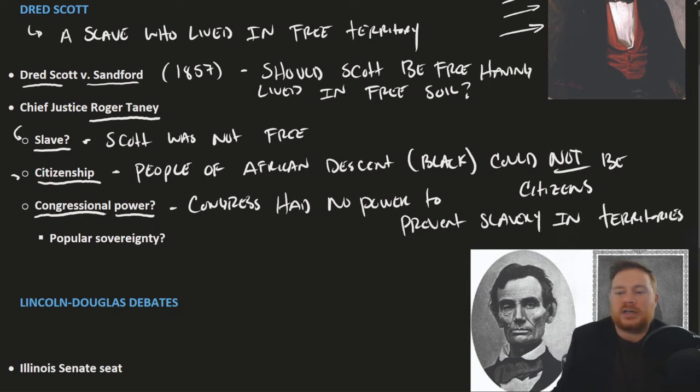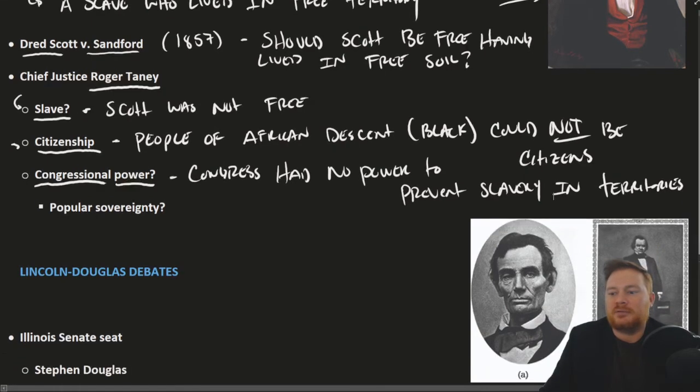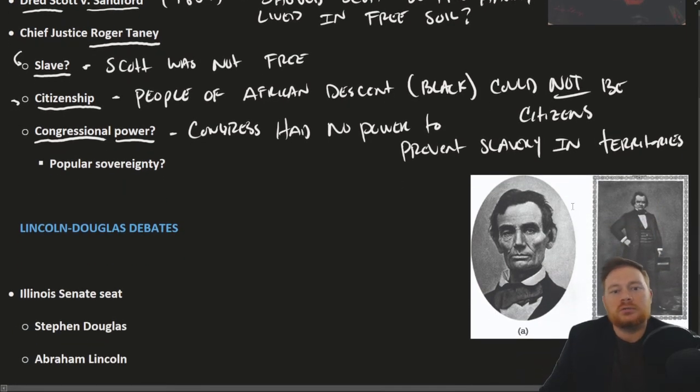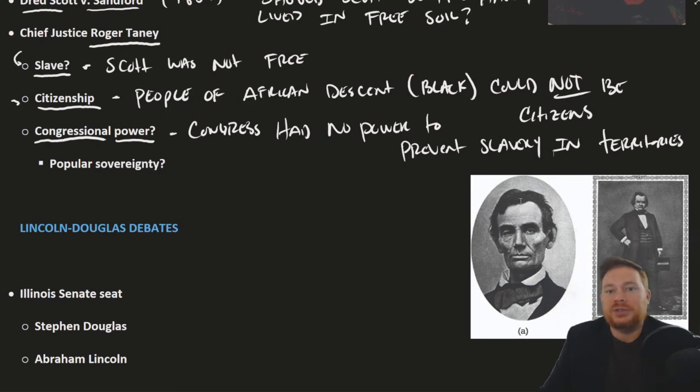Right? That Congress has no power to prevent slavery in the territories. According to Roger Taney, slaves were considered property, and if people wanted to bring their property to whatever territory they wanted to, they legally had the right to do so.